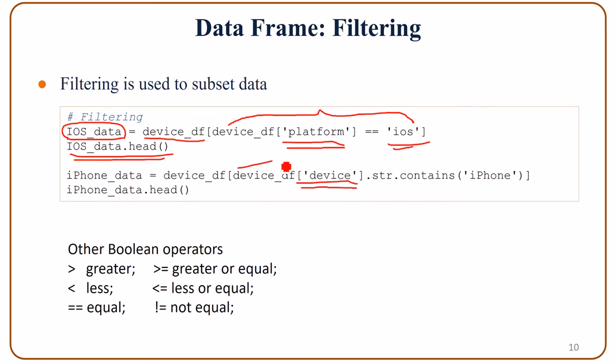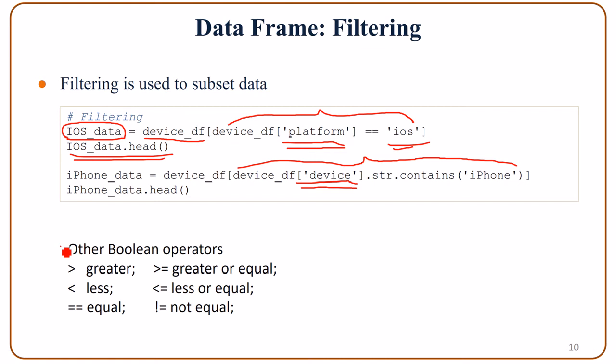So the condition is: find rows that have the column device containing the string iPhone.